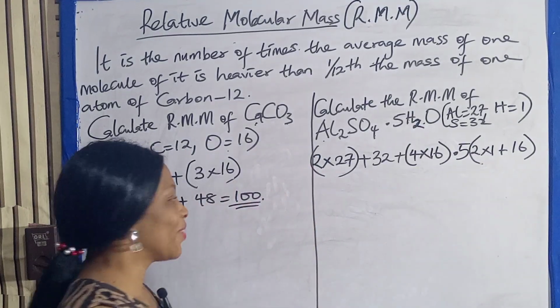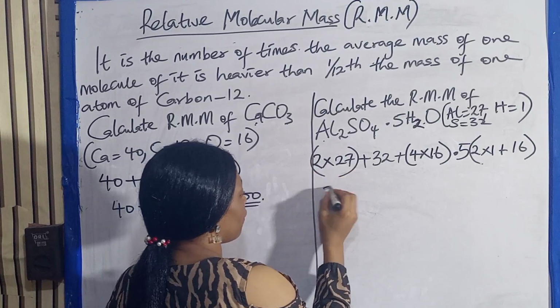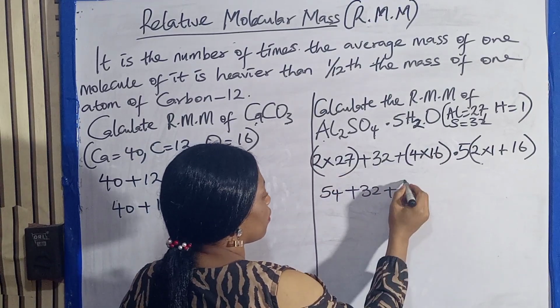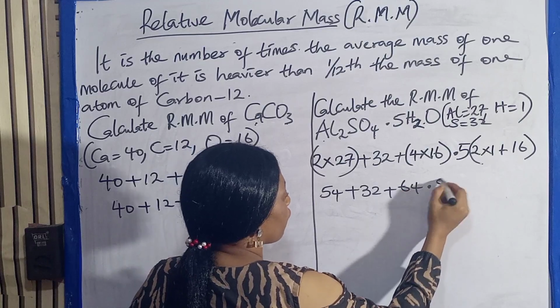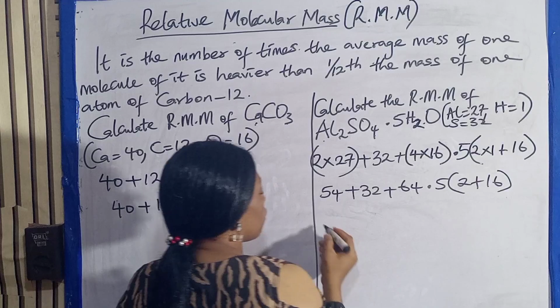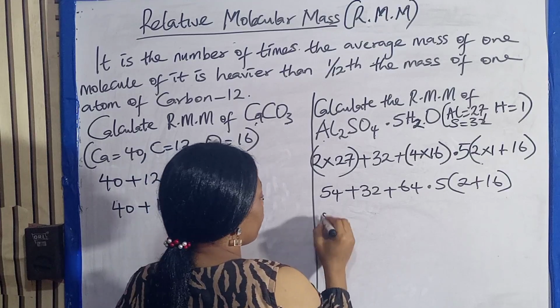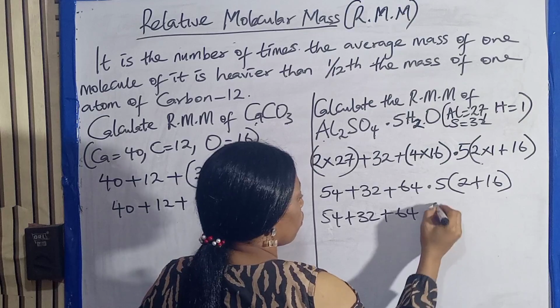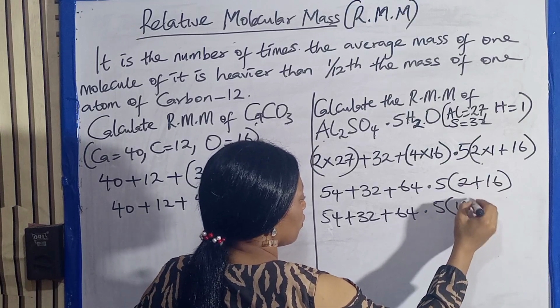Are we together? So let's solve. This times this will give us 54, plus 32, plus this times this, 64, dot 5 into 2 times 1 plus 16, so this will be 54 plus 32 plus 64 dot 5 times 18.